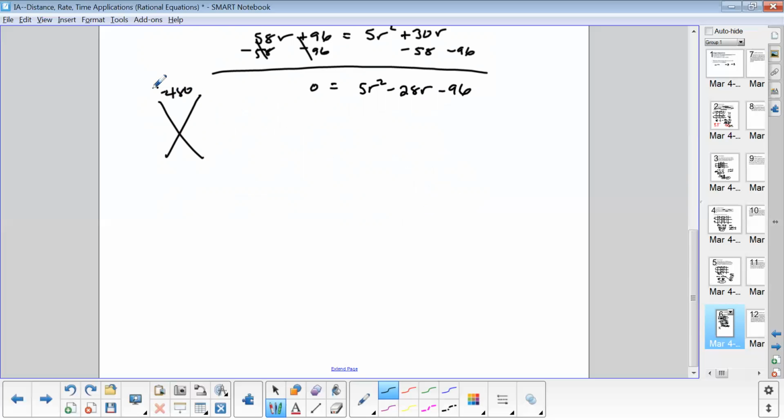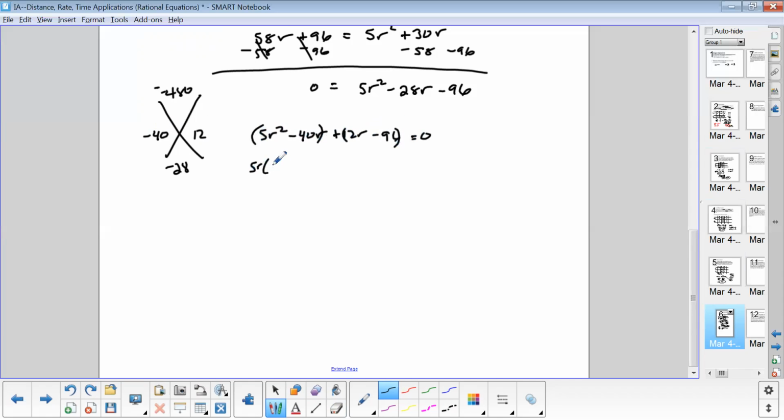It'll be negative. You're looking for factors that multiply to give you negative 480, and add to give you negative 28. And that would be negative 40 and 12. So we would have 5R squared minus 40R plus 12R minus 96. And we would group and factor.